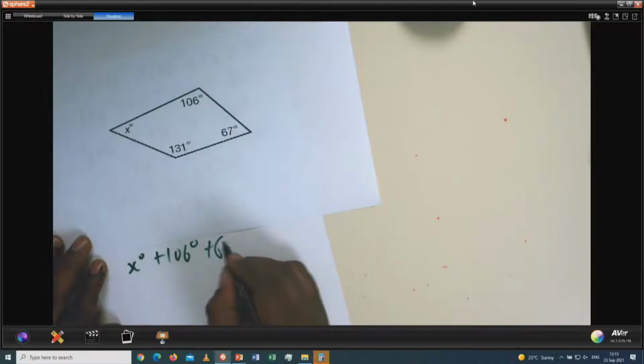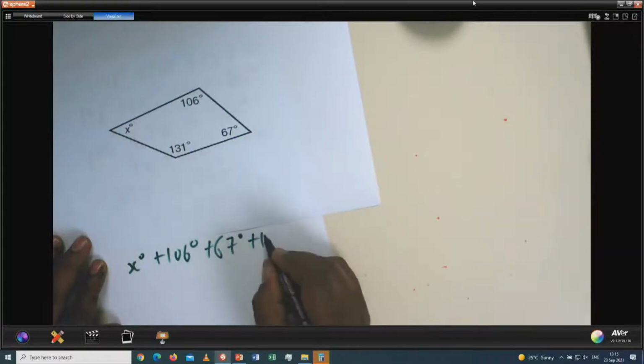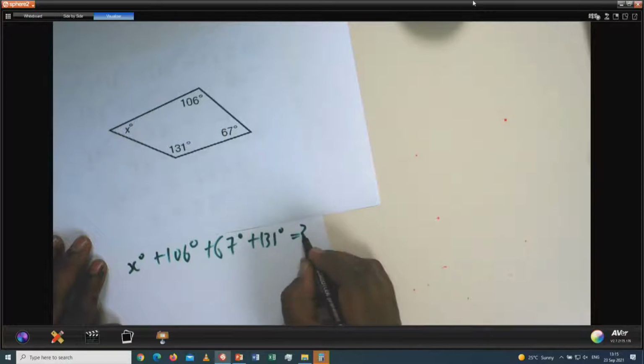Four-sided figure, 4 angles. Therefore, x degrees plus 106 degrees plus 67 degrees plus 131 degrees equals 360.